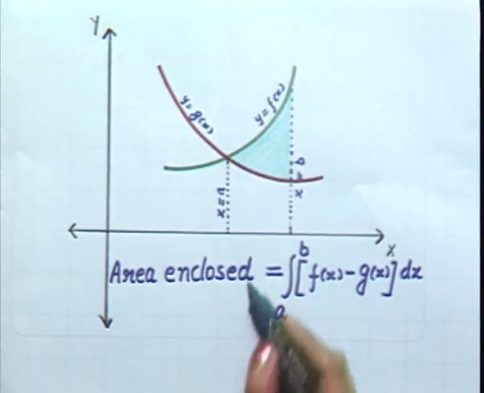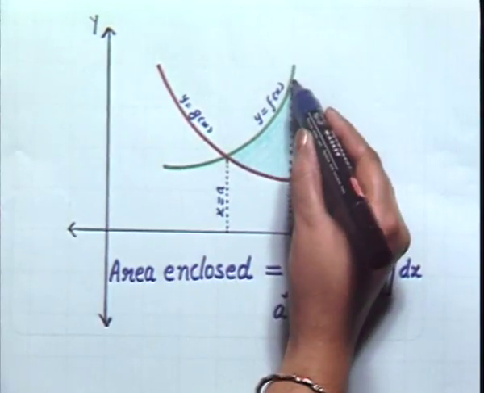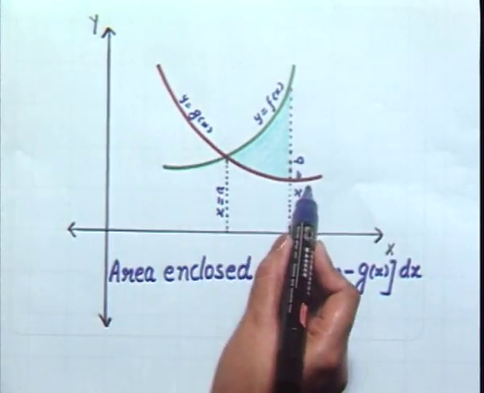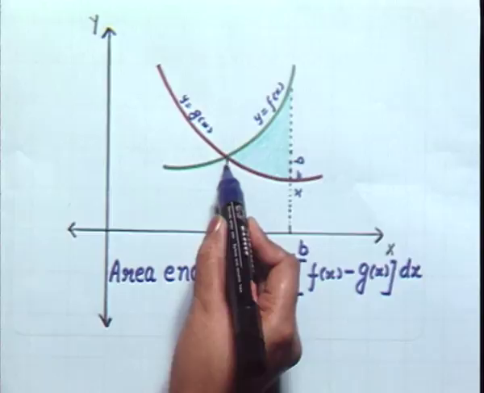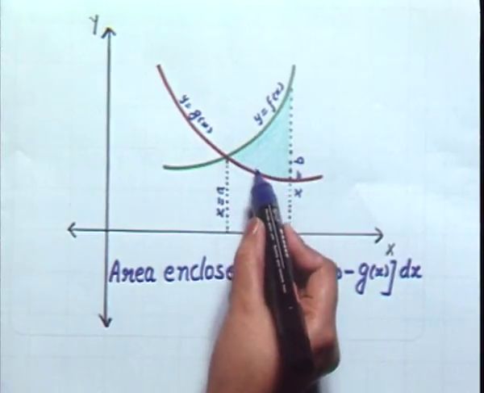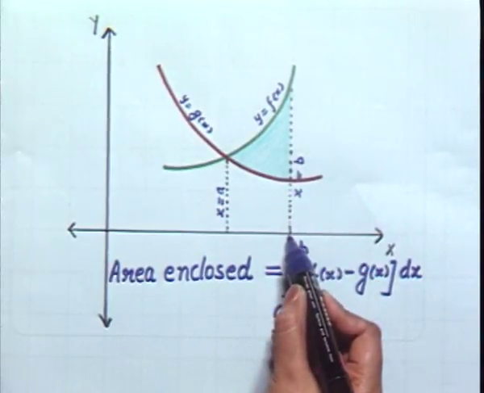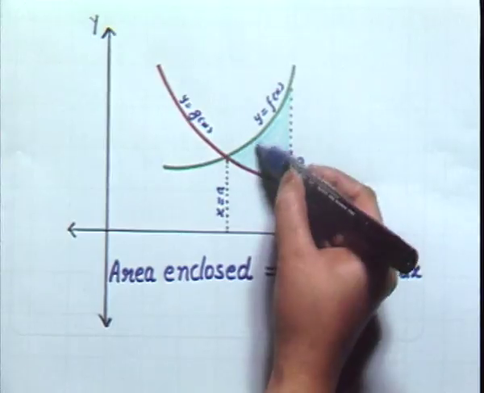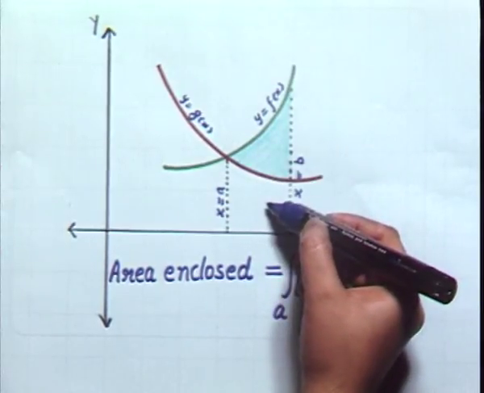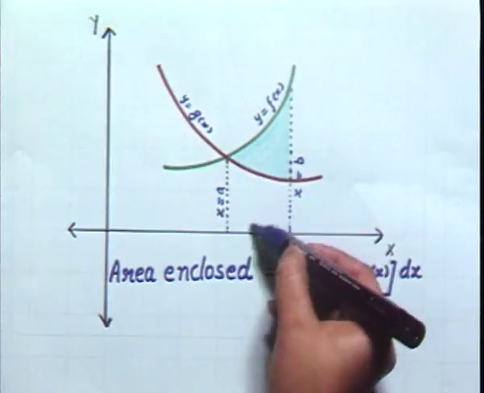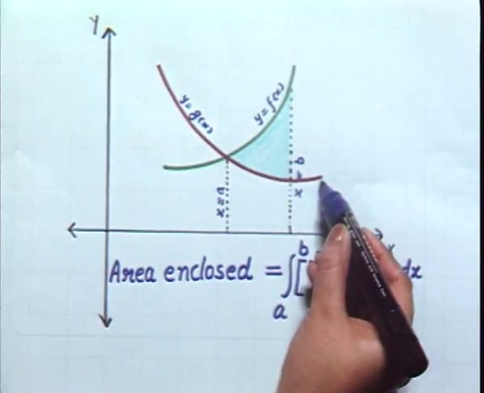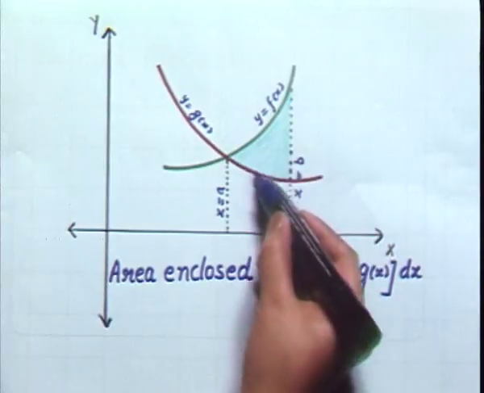What you can see from this figure is that if I have a curve y = f(x) and another curve y = g(x) intersecting, and I want to find the area enclosed between these two from x = a to x = b, then I can take the area under the curve f(x), subtract this portion which is the area under g(x), and we will be left with this shaded region.